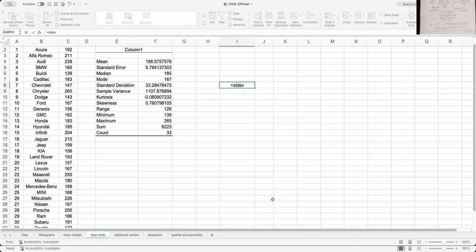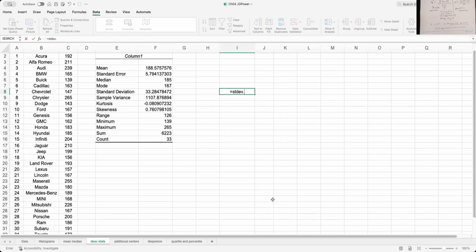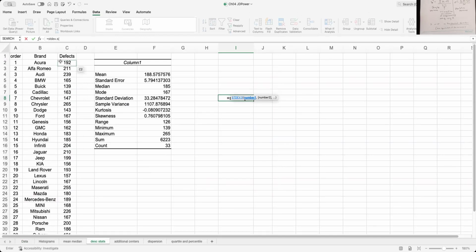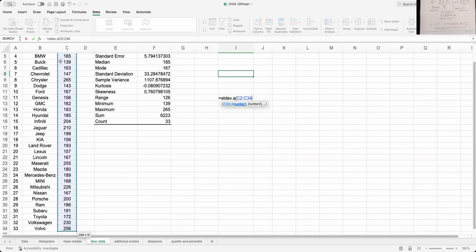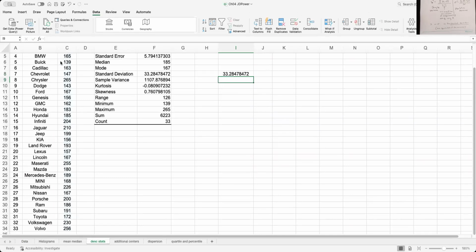The sample is .S. So if I finish this out with .S and then give it all of the data we have, it generates the standard deviation that we see in the descriptive statistics, which means it assumed we had a sample as opposed to a population.